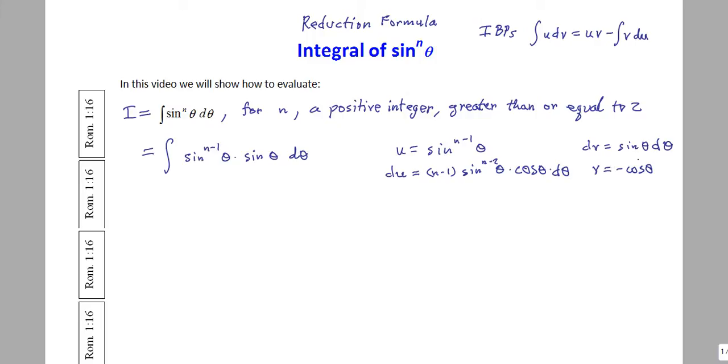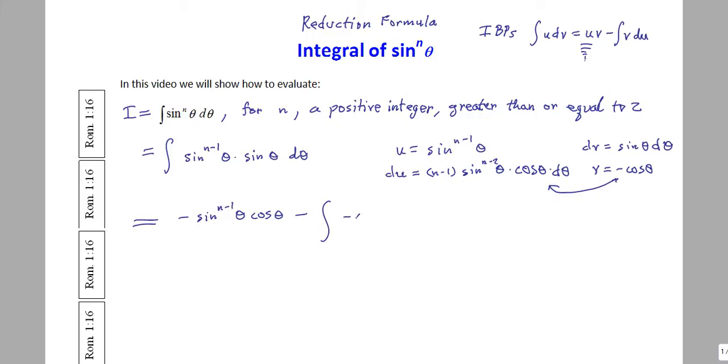Okay? And now, applying the integration by parts, I do, of course, the product u times v, which is this first piece right over here. And that's going to just give me minus sine to the n minus 1 theta times cos theta, minus the integral of, then I do v times du.